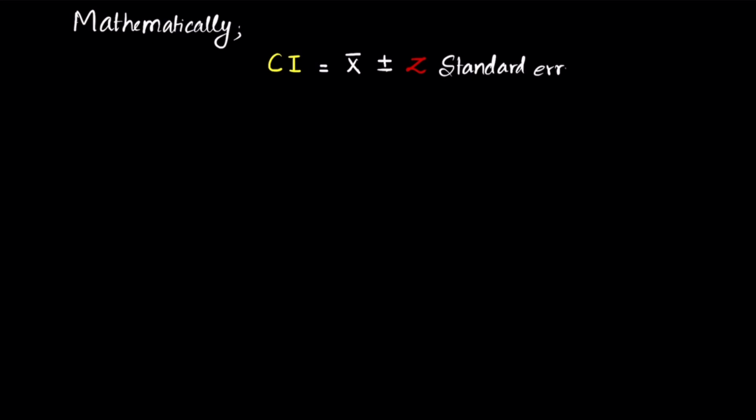Now here's the mathematical formula. Mathematically, your confidence interval is equal to the sample mean plus minus the Z score times the standard error, or you can just write it as CI equals x̄ plus minus Z times sigma by root n, where sigma is the standard deviation of the population and n is the sample size.